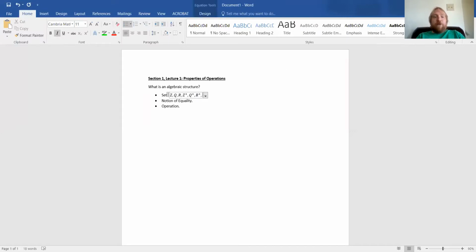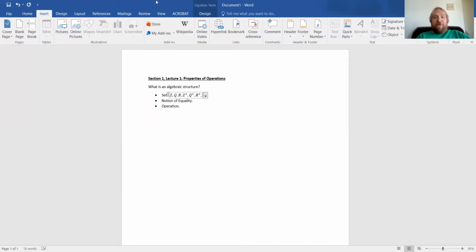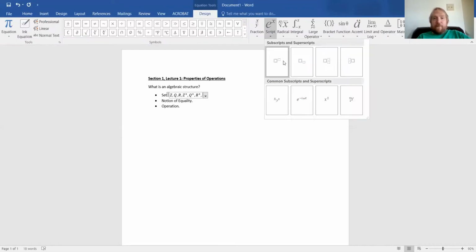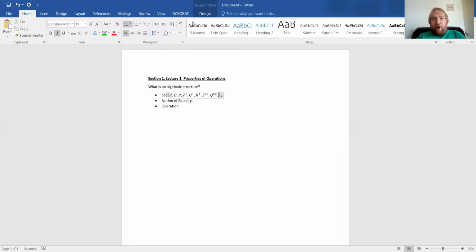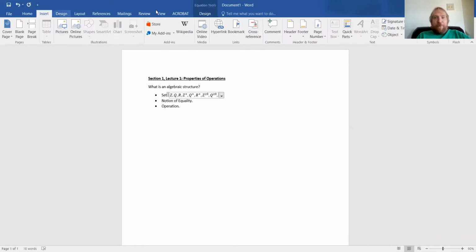Or if we wanted the non-negatives, we could have Z greater than or equal to 0, Q greater than or equal to 0, or R greater than or equal to 0.